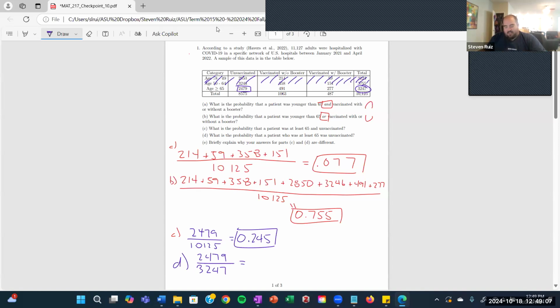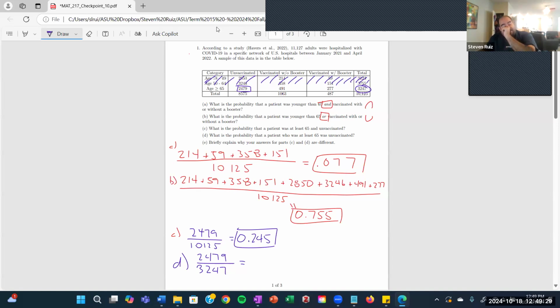And I think while I was talking through that, hopefully I also answered part E. So why are the answers for part C and D different as well? I'm looking at literally the same event. The event I'm looking for is unvaccinated people who are at least 65 years of age.